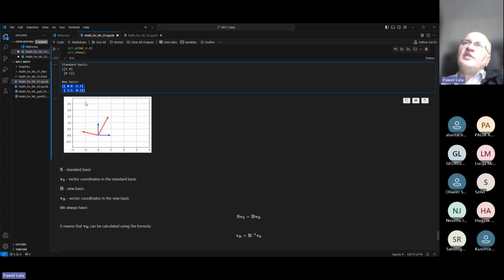But we should remember that the first column is the definition of the first vector, and the second column is the definition of the second vector. So these vectors which form this basis we have in columns of this B matrix.